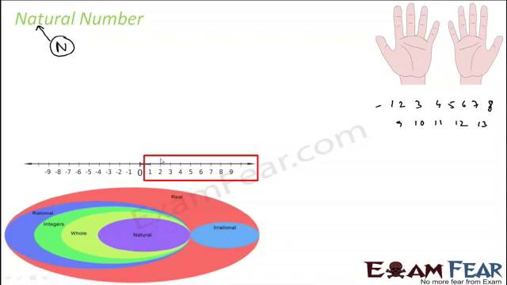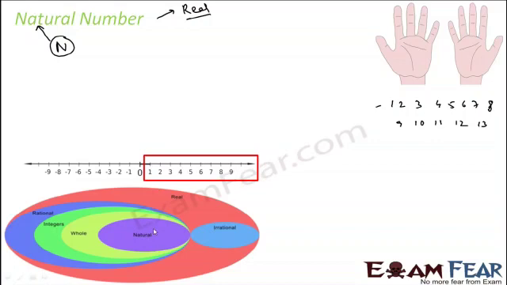You see this red box? This represents the natural number portion of this number line. As I told you, natural number is also a real number. In fact, all the numbers which we will study in this class will be real numbers. So real numbers can be represented on the number line. This natural number can also be represented on the number line.